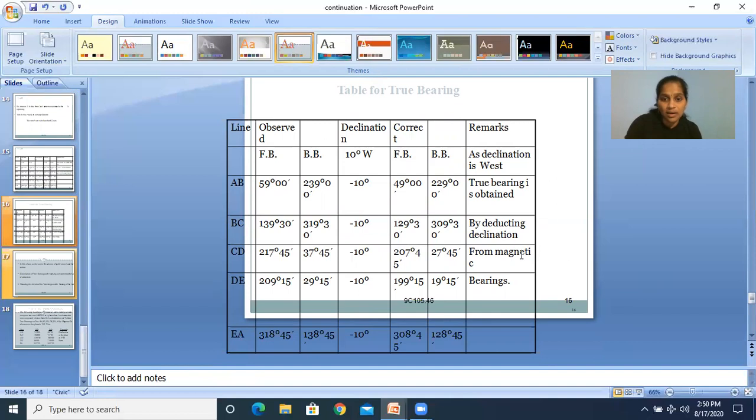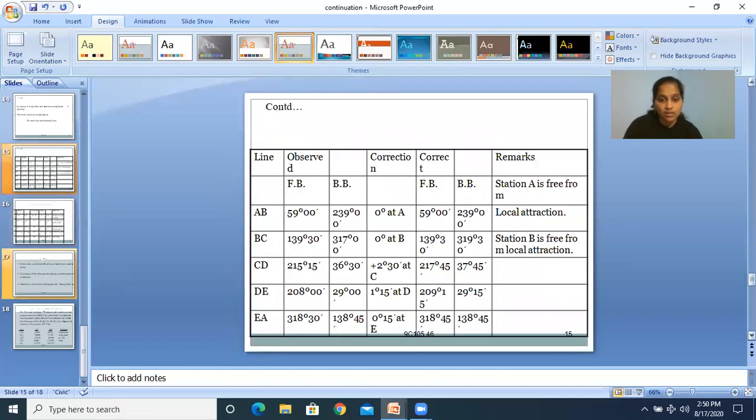So these are the corrected forward bearings and back bearings. Because station B is free from local attraction, the correct forward bearing and back bearing of the BC line are 139 degrees 30 minutes, the forward bearing, and 319 degrees 30 minutes, the back bearing.